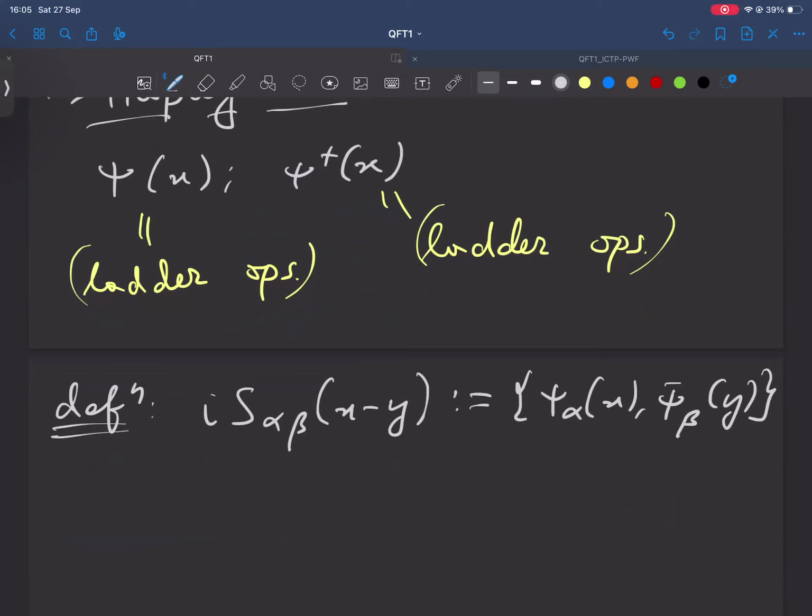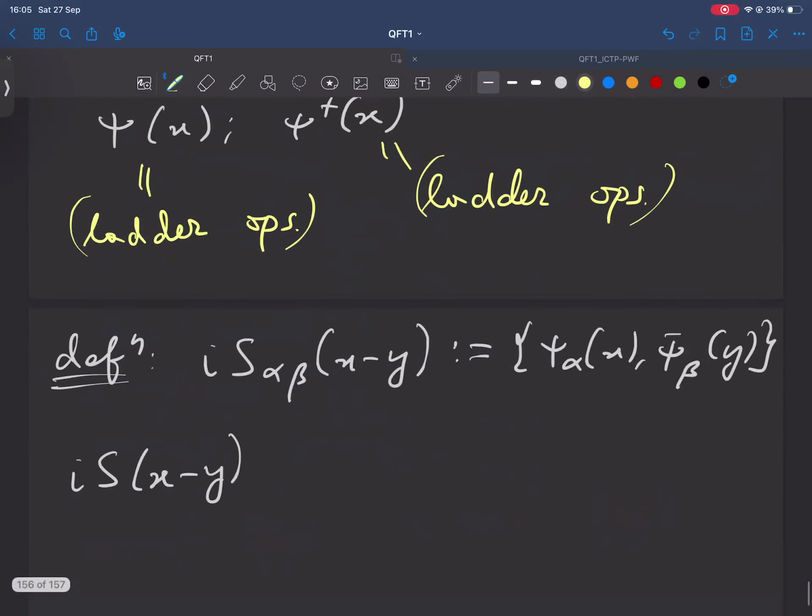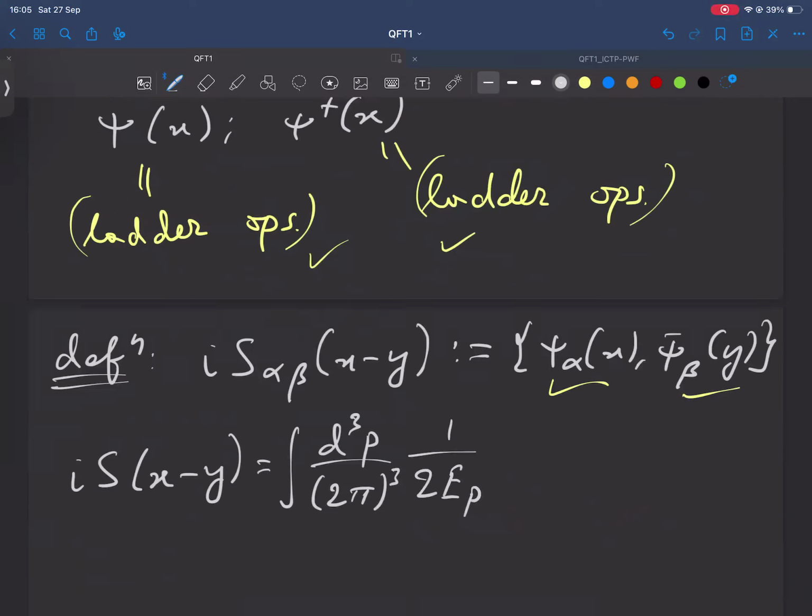And you can now evaluate that. If you plug in these values of psi alpha and psi bar beta in terms of these ladder operators, then you can show that this propagator turns out to be this expression. We will understand what this propagator does and its relation to causality, but for now, let's write down its expression.